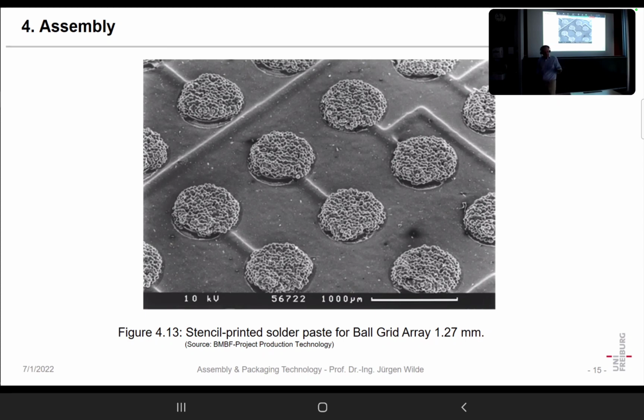That means the device stays smaller, and we do not deal with 300 micrometer pitch, but with 1 millimeter pitch.